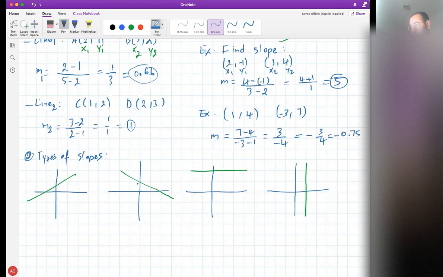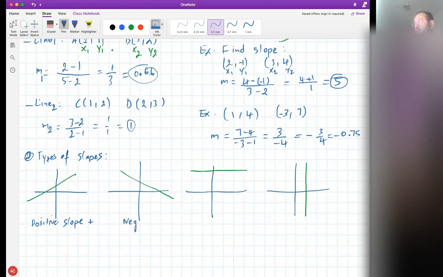We don't know the value yet, but we know that it drops from left to right, so this is a negative slope. And this is a positive slope.